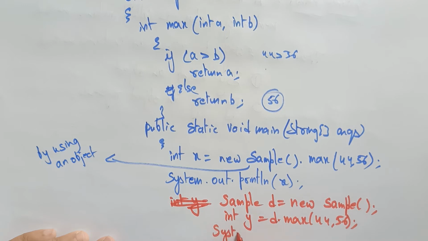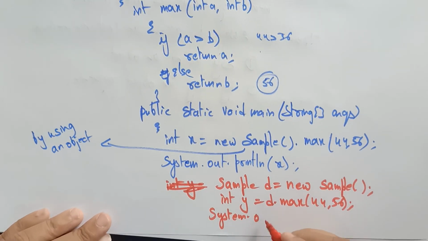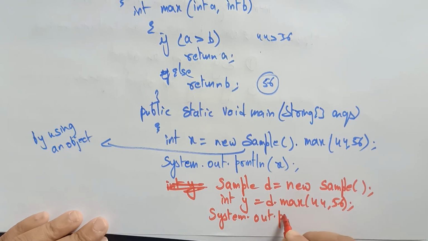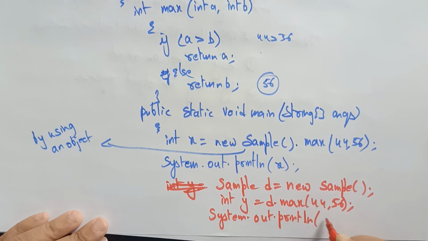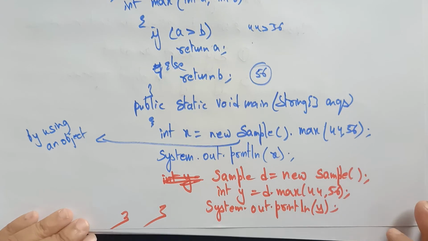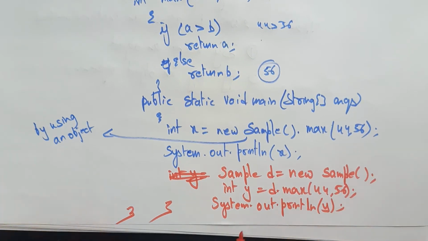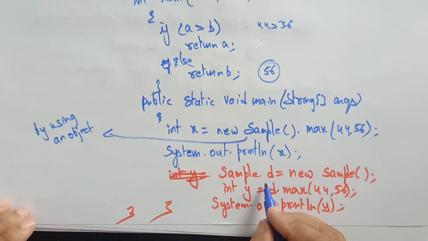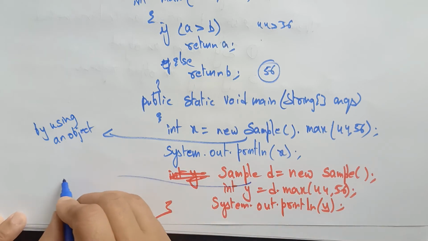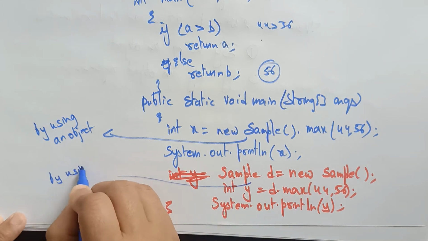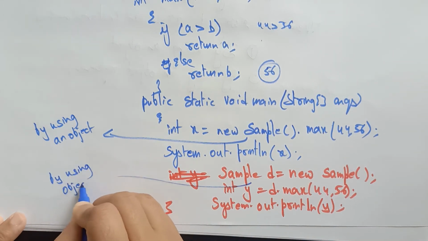System dot out dot println y. So this is by using object reference.